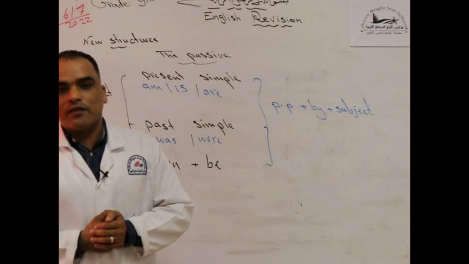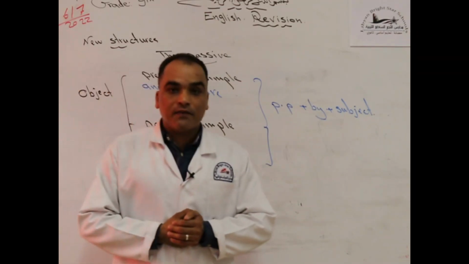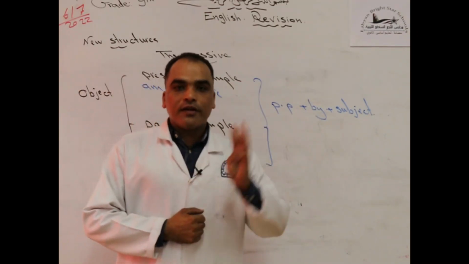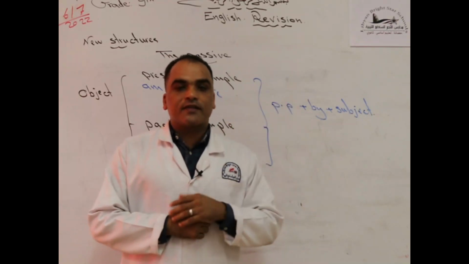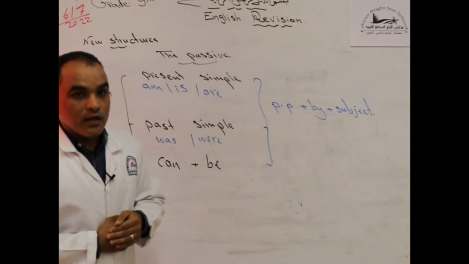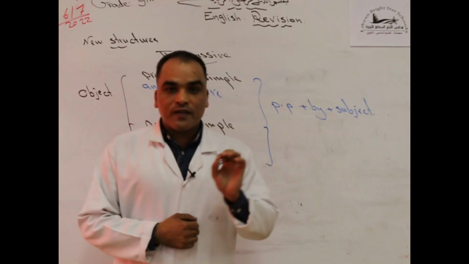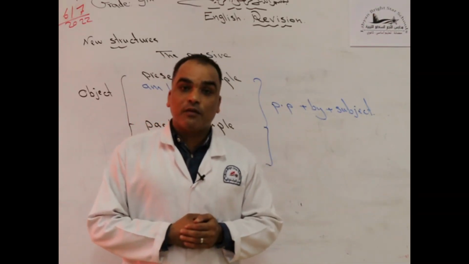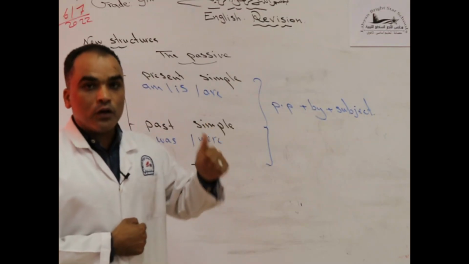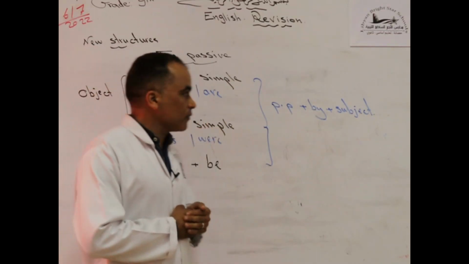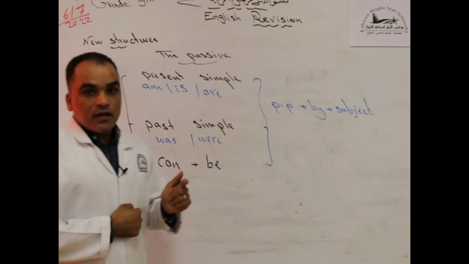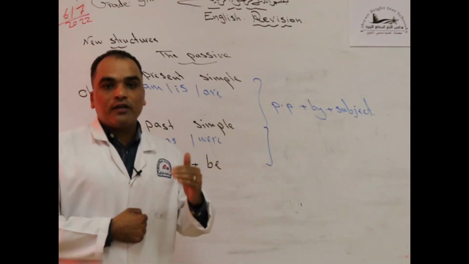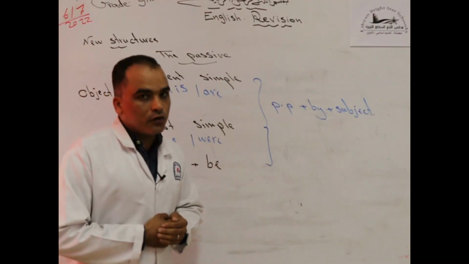We change the sentence from active to passive for three reasons. The first one, use the passive when you don't know who performed the action. نستخدم الباسيف when you don't know who performed the action. The second reason, if the action is more important than who did it.